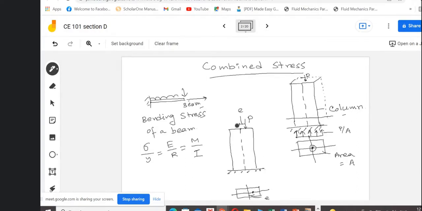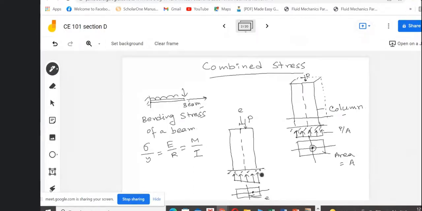If this happens, then the stress at this section, which was earlier uniform, will not remain a uniform distribution. Rather, it will have some sort of non-uniform distribution.